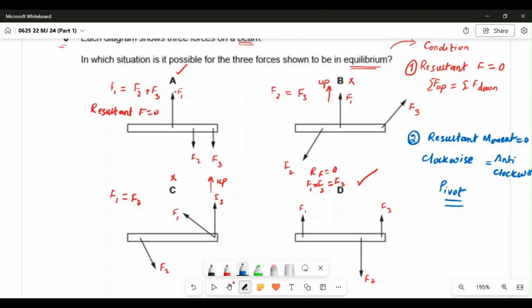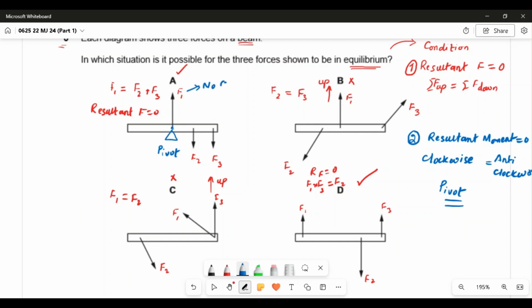for A, let me check for the rotation. For this one, I am taking this point as pivot. Whenever any object has a pivot, a force on the pivot will have no rotation.